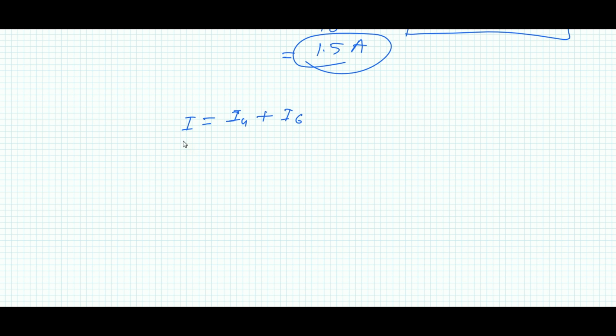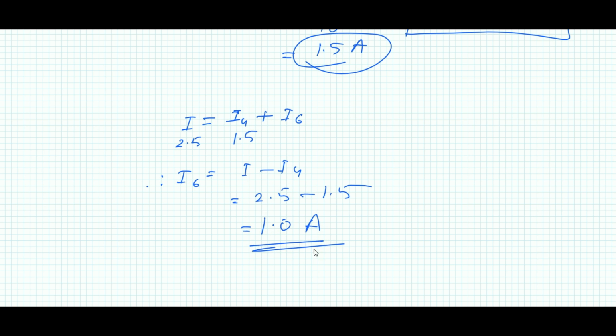So if this is 2.5 ampere and this is 1.5 ampere, then I6 equals I minus I4, that is 2.5 minus 1.5, equal to 1.0 ampere.